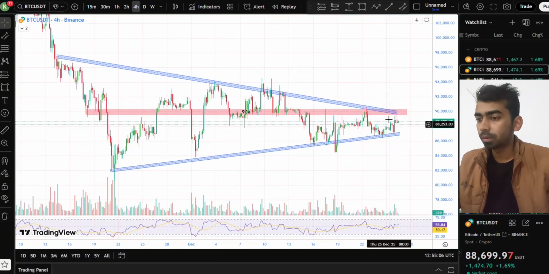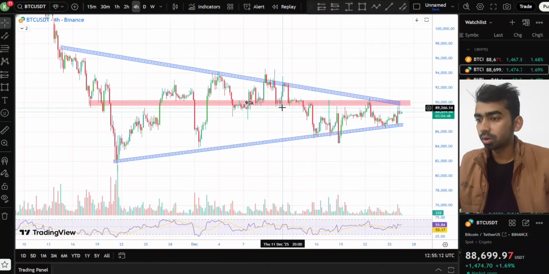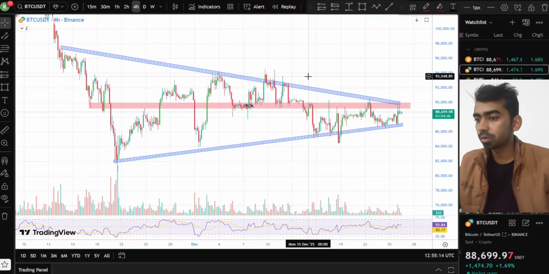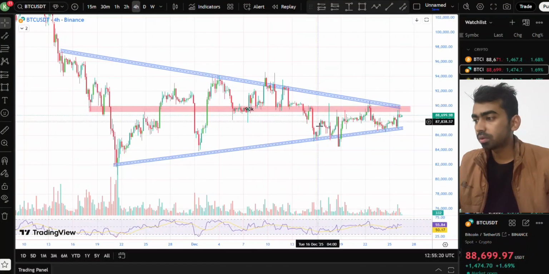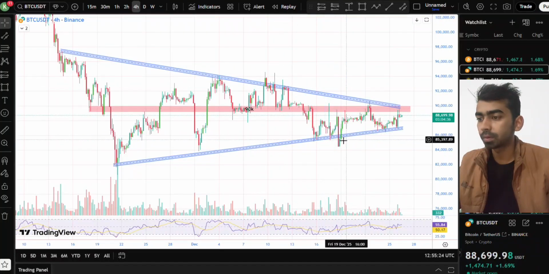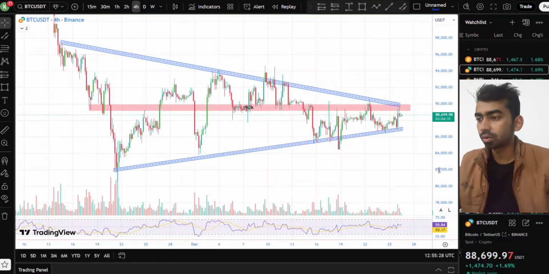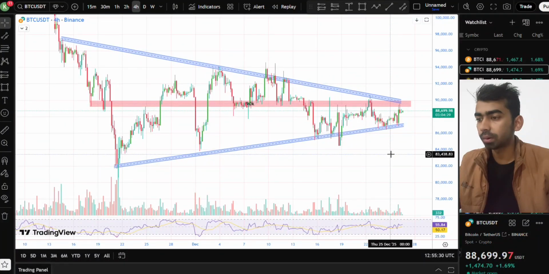Now the main thing is, if BTC tries to break this zone, what you actually need to know about this is very important. Price is continuously consolidating between these two trend lines, and many times it tries to break, and at the same time it faces rejection from the upper trend line and lower trend line.